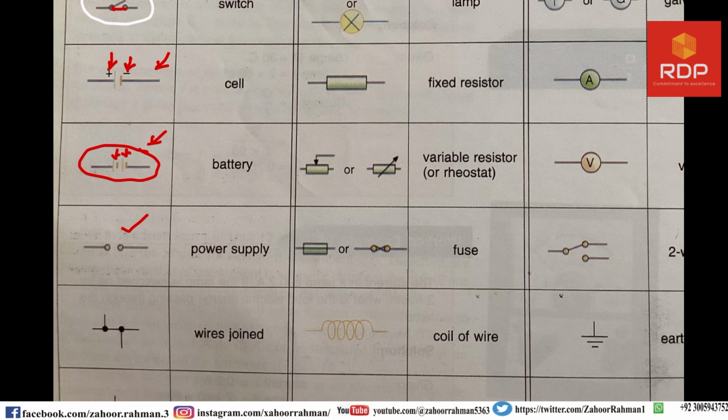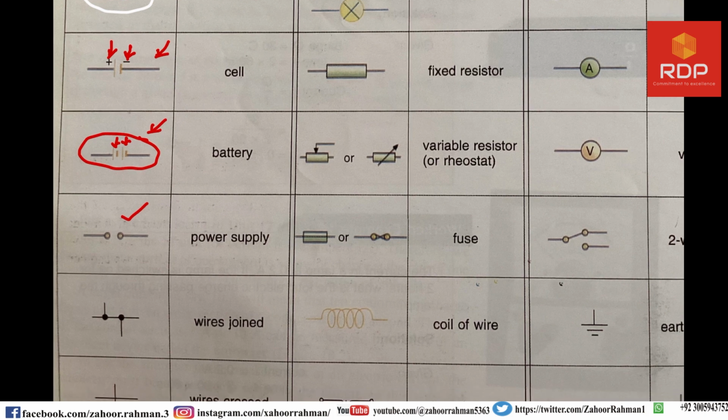We will use this power supply very frequently when we are providing supply to different devices. Then we use it in the circuits in the form of a symbol like this one.